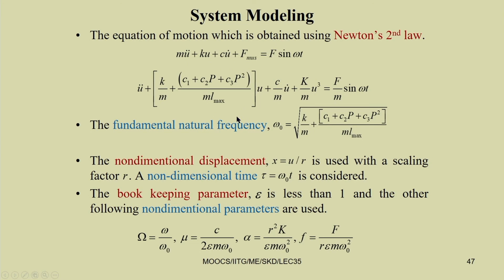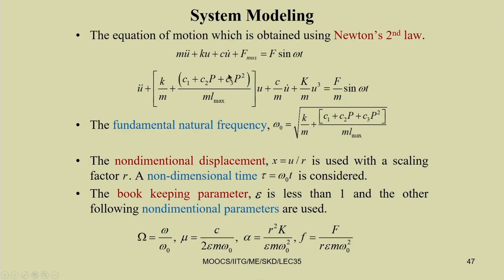Sometimes we can take P to be a function of time, so P can vary with time, and in that case it cannot be constant. So, this constant coefficient of u is omega 0 square, that is, omega 0 equal to root over k by m plus (C1 plus C2 P plus C3 P square) by m L max.